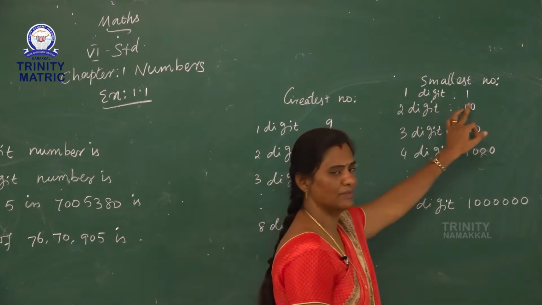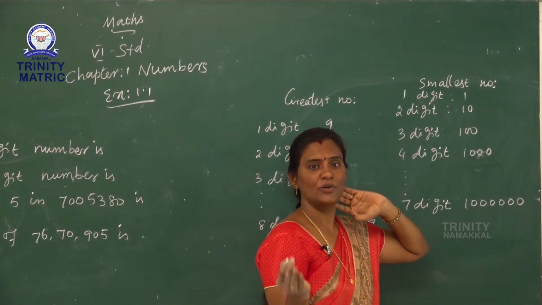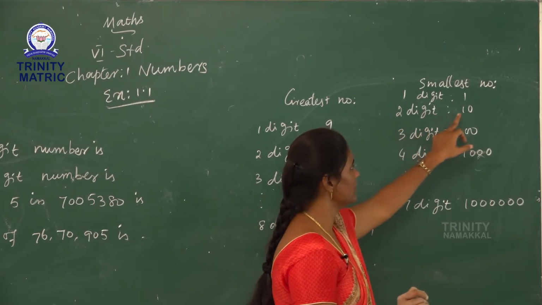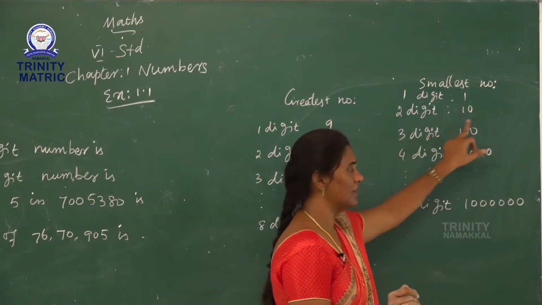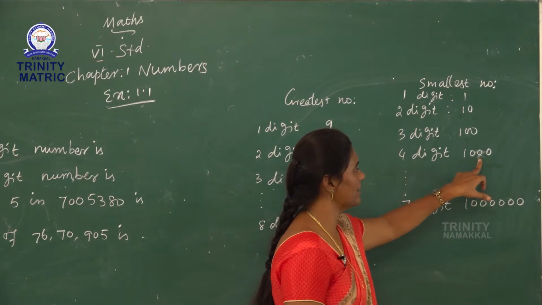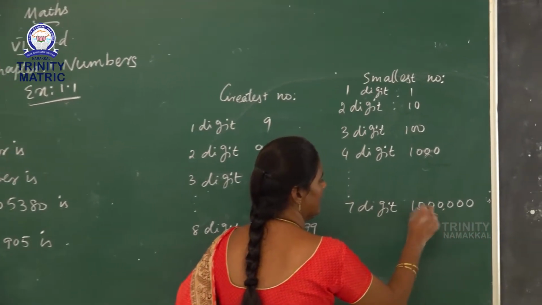Next, smallest number. The smallest 1 digit number is 1, because 0 has no value. So 1 is the smallest 1 digit number. Then the smallest 2 digit number is 10, the smallest 3 digit number is 100, the smallest 4 digit number is 1000, and the smallest 7 digit number is 10 lakhs.